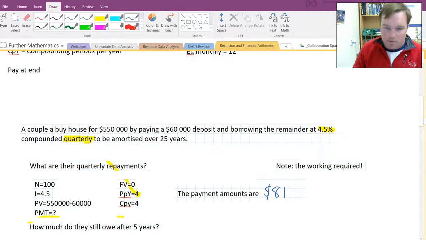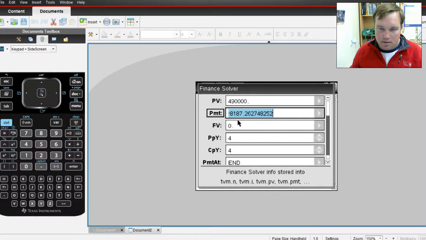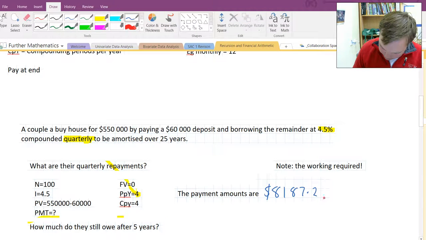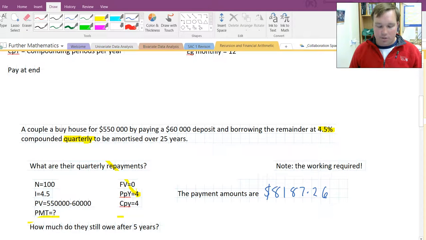Note that with dollar values, they won't tell you the number of significant figures or decimals to go to. You must go to 2 decimal places because that makes sense with money.